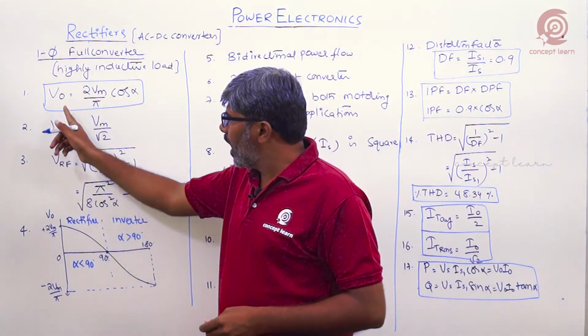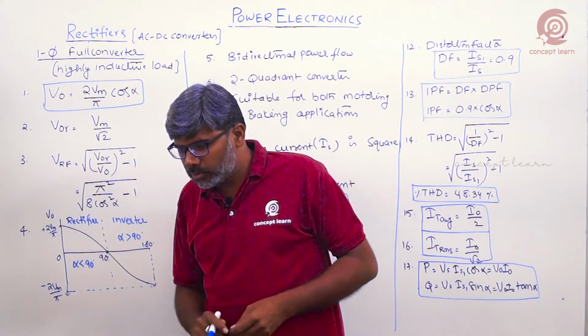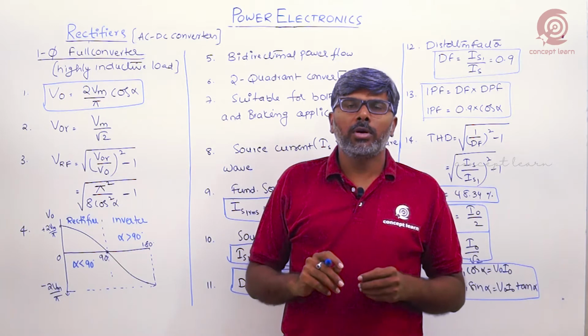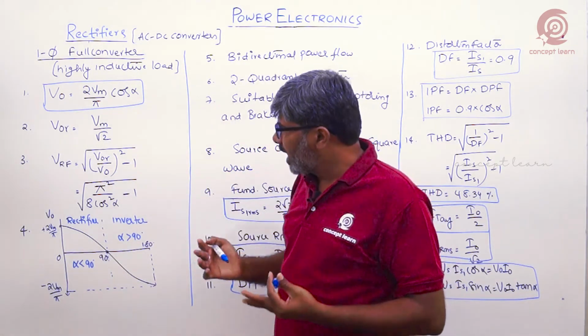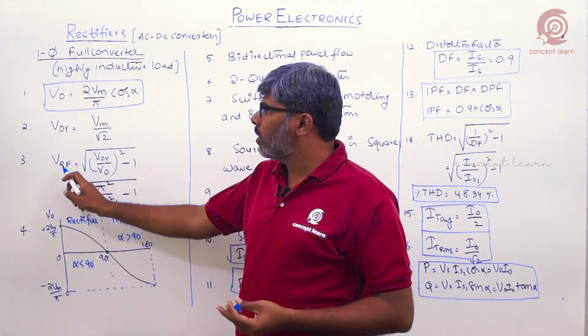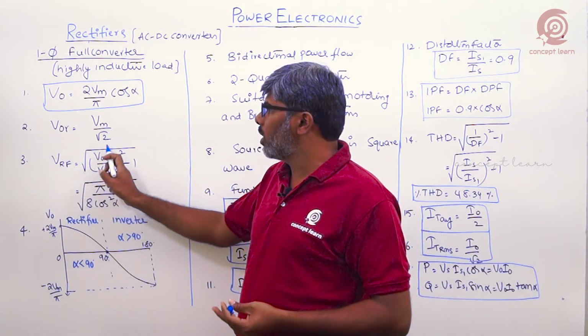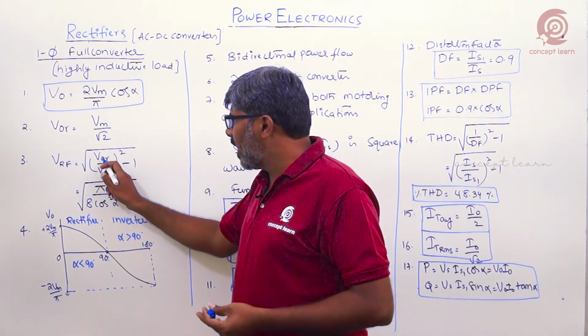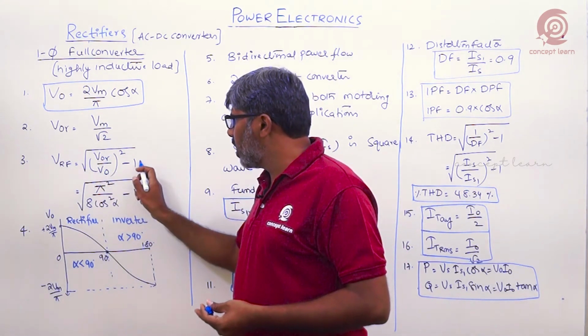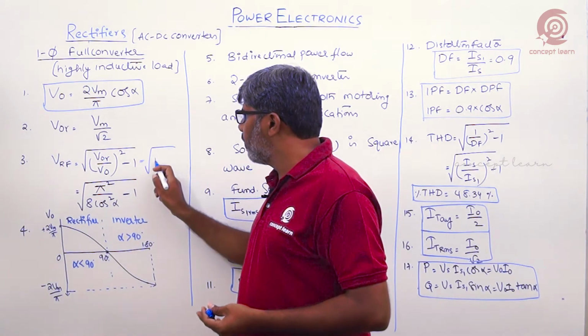Now if you know the average value and RMS value, we can calculate the ripple factor of the output waveform. How do we calculate it? Voltage ripple factor is the square root of (RMS by average) squared minus 1. Basically the ratio of RMS value to average value is the form factor.